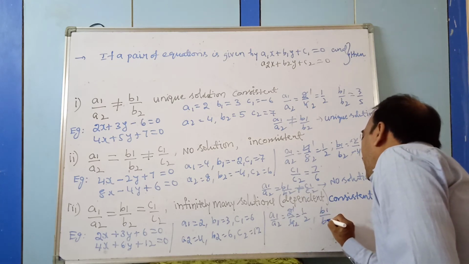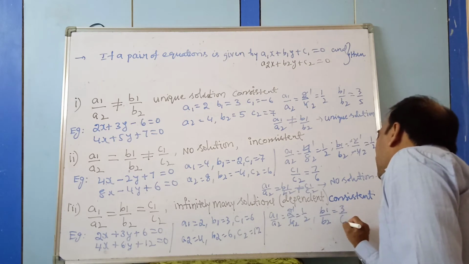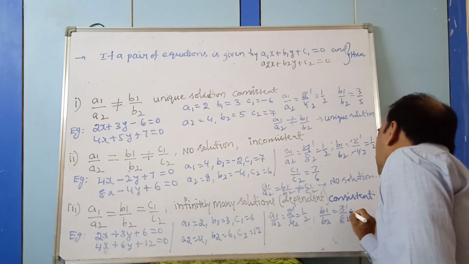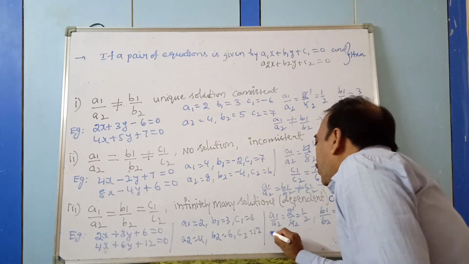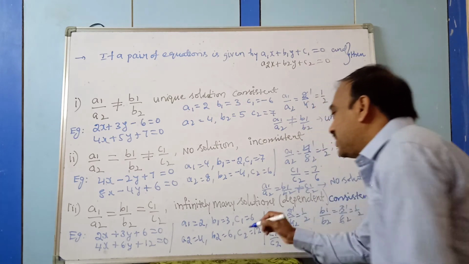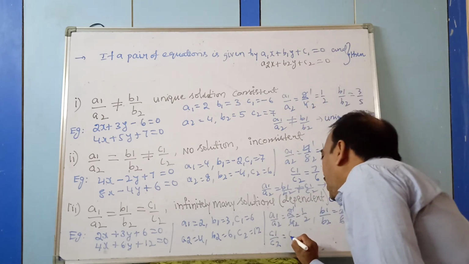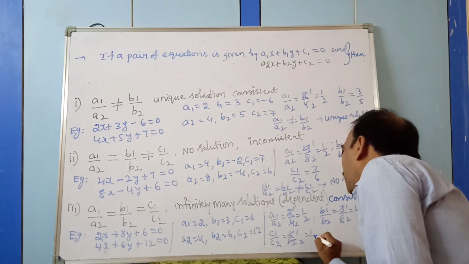B1 is 3, so 3 by 6, which is equal to 1 by 2. Next, C1 by C2, which is 6 by 12, which is equal to 1 by 2.